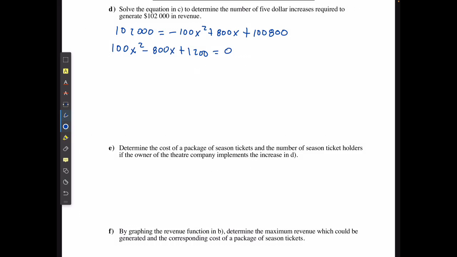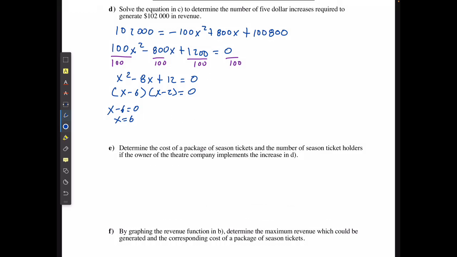At this point, I'm going to divide out the common factor of 100 from everything. x squared minus 8x plus 12 is equal to 0. I can factor this. x minus 6 and x minus 2 is equal to 0, which means x minus 6 equals 0, x would equal 6, x minus 2 is equal to 0, x would equal 2.